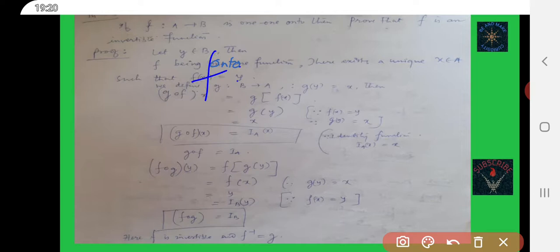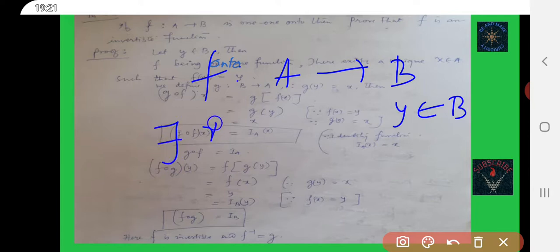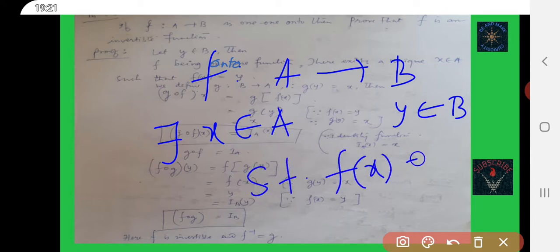As this function is one-one and onto, for each element of B there exists x in set A such that f of x is equal to y.